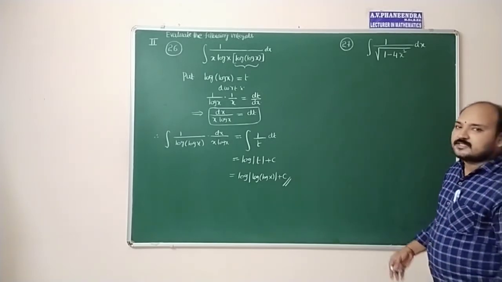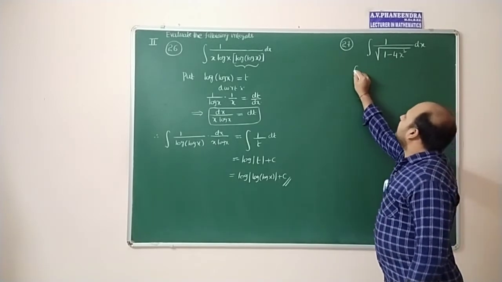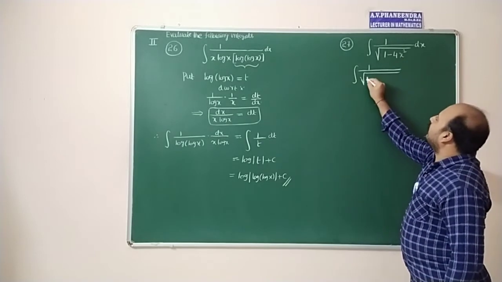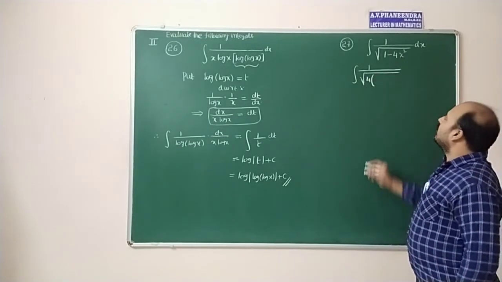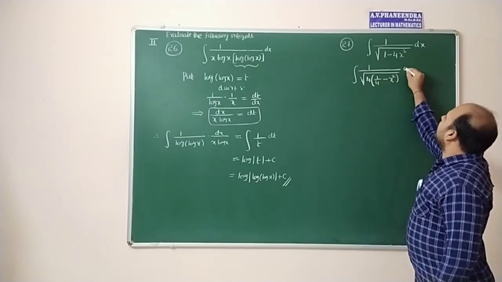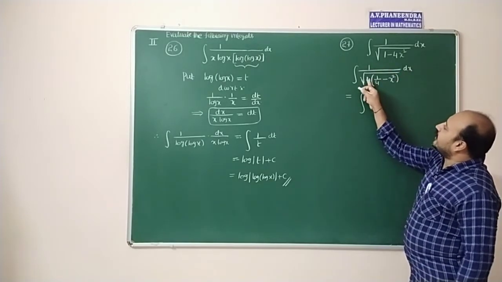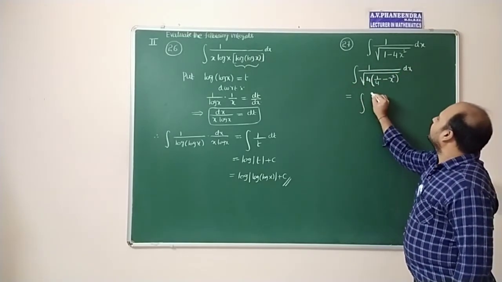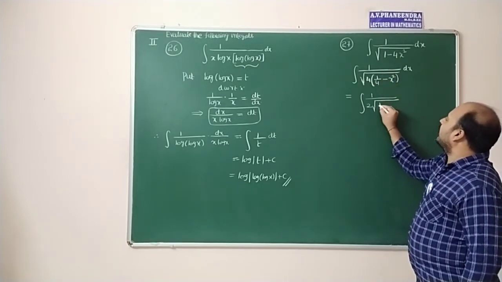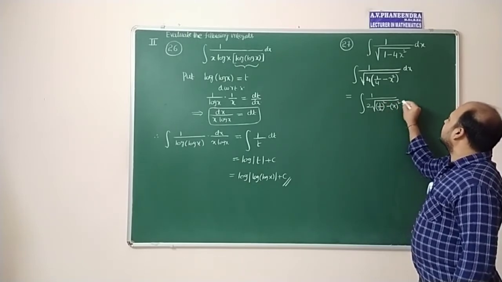So now what I am doing is making the coefficient of x square 1 by taking it common. Integral 1 by square root of 4, I am taking common in the square root, it becomes 1 by 4 minus x square into dx, which is equal to integral 1 by 4 we can take outside of the root, it becomes 2, 1 by 2 into square root of 1 by 4 can be written as 1 by 2 whole square minus x square into dx.